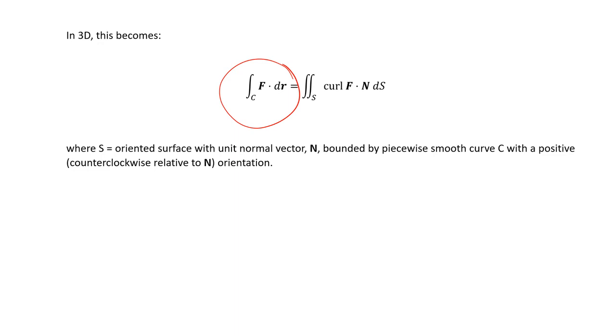We're saying the same line integral over a closed path with a positive or counterclockwise orientation over a three-dimensional vector field can be rewritten as the following integral. We can rewrite that as integrating the curl of that vector field over the surface that has a boundary of C.